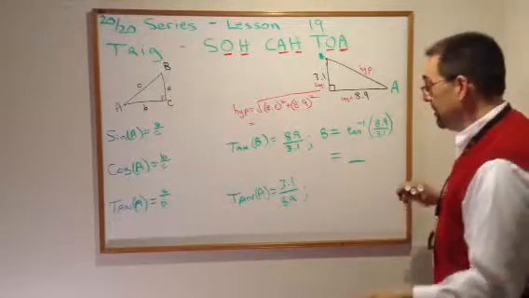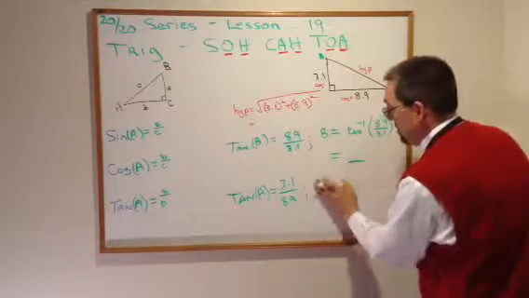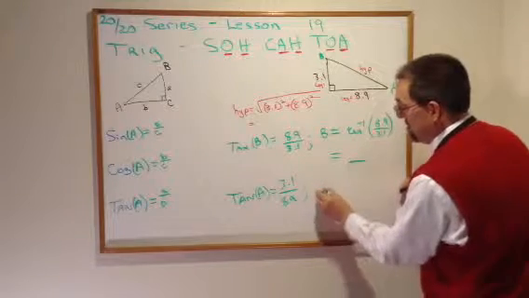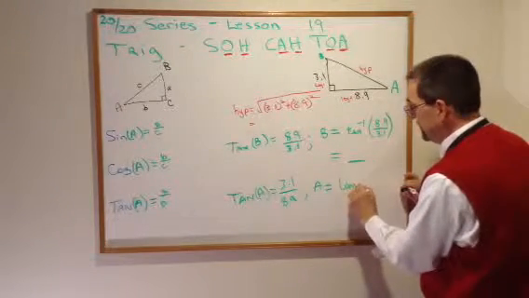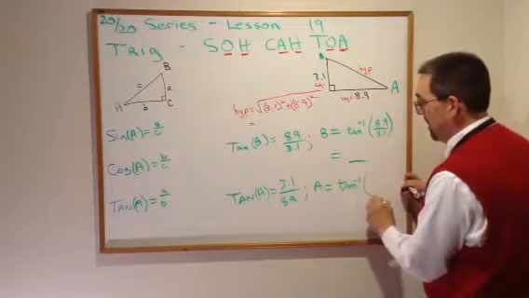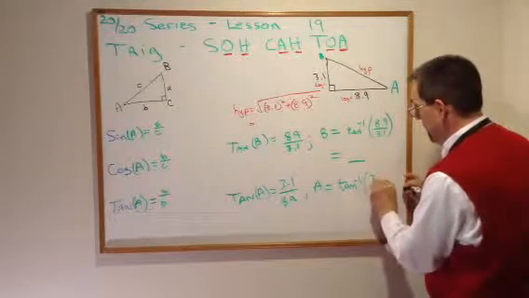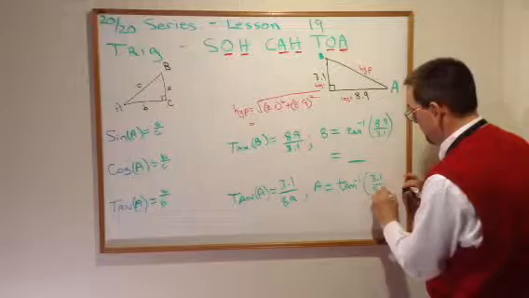Again, to use a calculator, angle A is equal to the inverse tangent of 3.1 over 8.9.